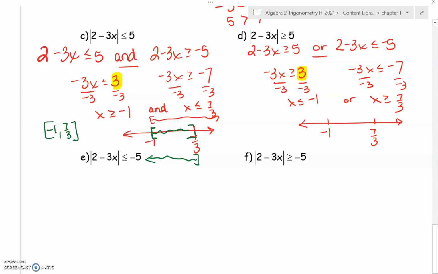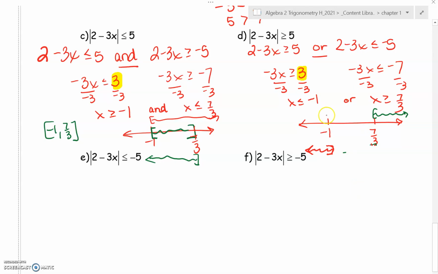But over here, I'm saying, okay, let's say this is green. We'll get the red over here. So if I'm saying x less than or equal to negative 1, x greater than or equal to 7/3, now I'm saying, where do you see red or green?